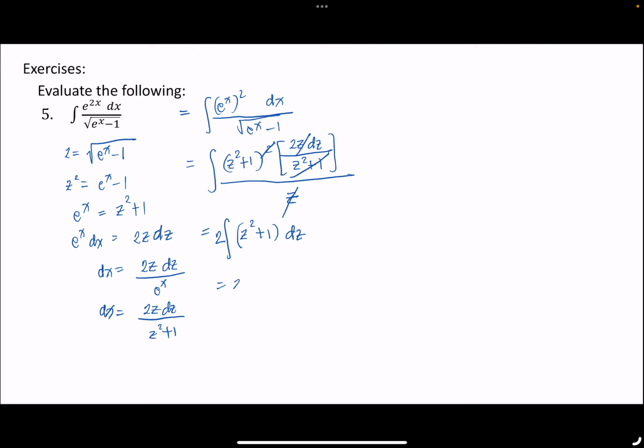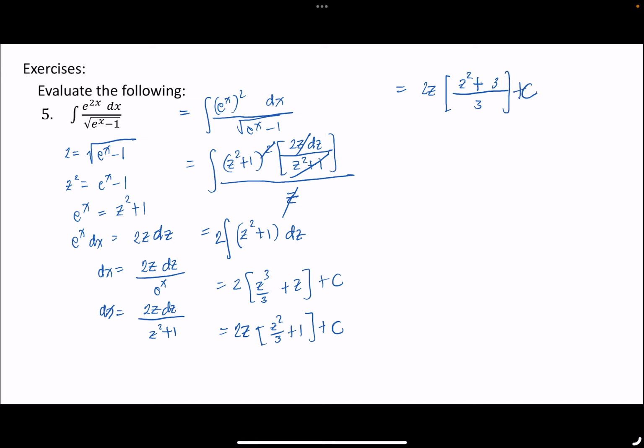So we have 2 z cubed over 3 plus z plus c. So we have 2z times z squared over 3 plus 1 plus c. So that would be 2z times, LCD is 3, so we have z squared plus 3 plus c.